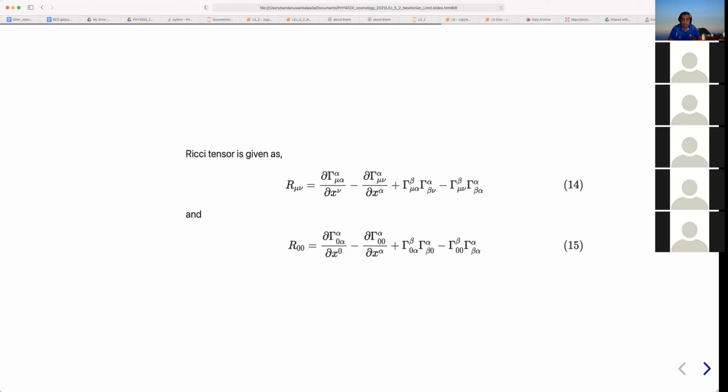I mean, if you are in a flat space, what is the value of a connection coefficient? I guess nobody has an answer for that. If you are in a flat space, what will be the value of the connection coefficient?